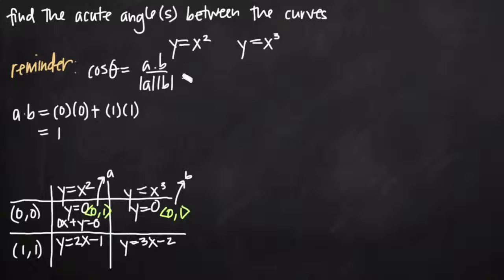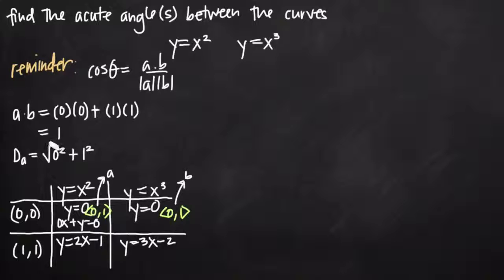Now I need the magnitude of A and B, or the length of each of those vectors. Really, I just take my component values, and we use the distance formula. Let's calculate first the distance of A. It'll be the same for A and B because it's the same vector. So the distance formula of the vector A is going to be the square root of my component values. I take the x component 0 and square it, then take the y component and square that also and add it to the square of the x component.